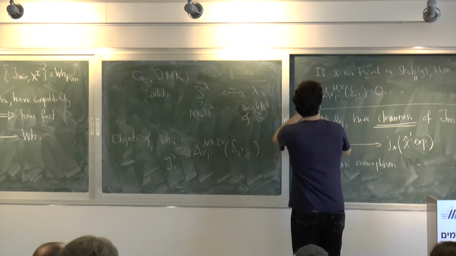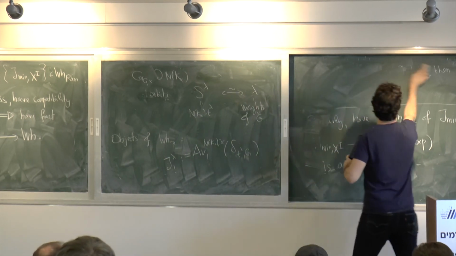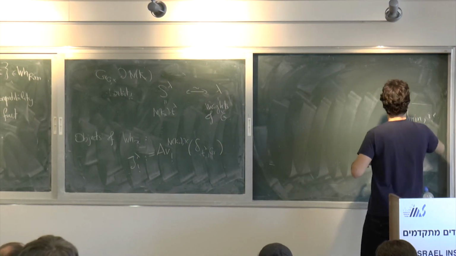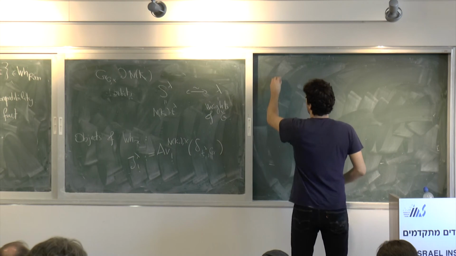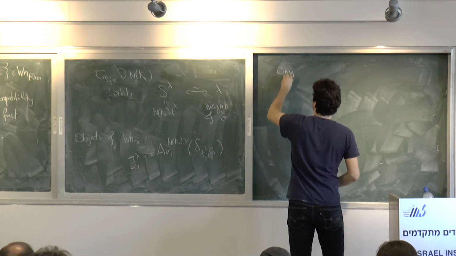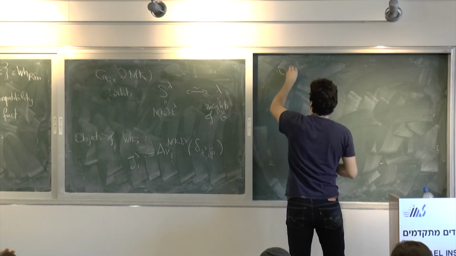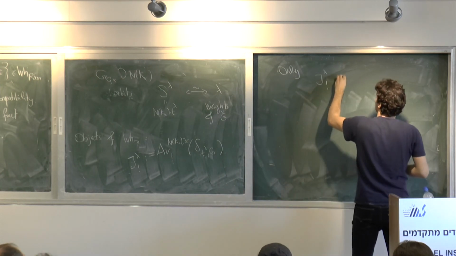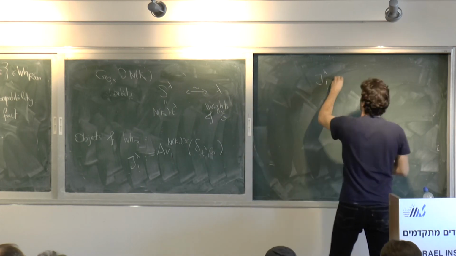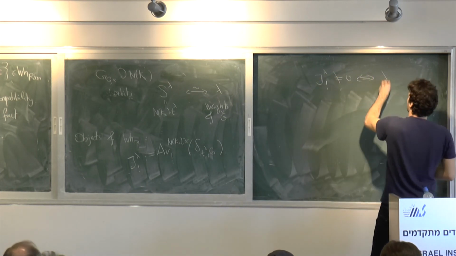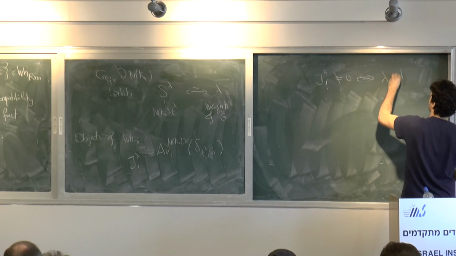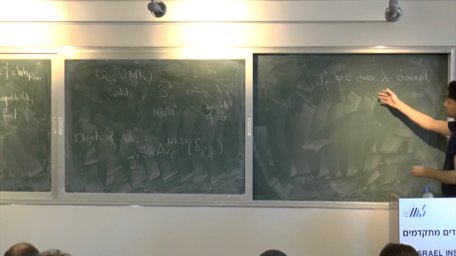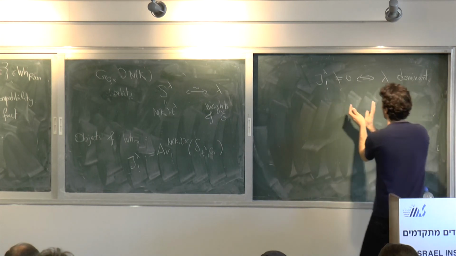So thanks to this, only J lambda Schrick is non-zero if and only if lambda is dominant. And that's a consistency check, at least at the level of objects.